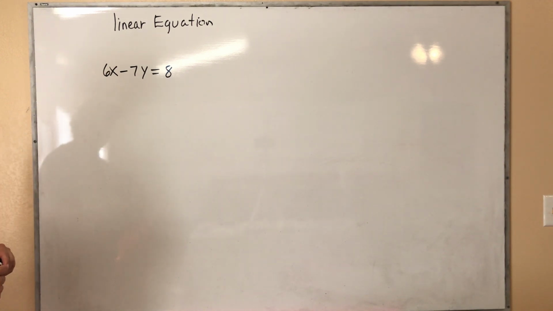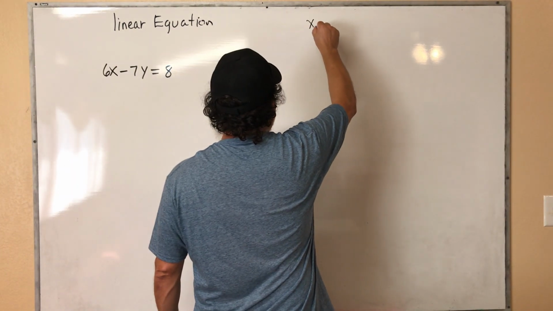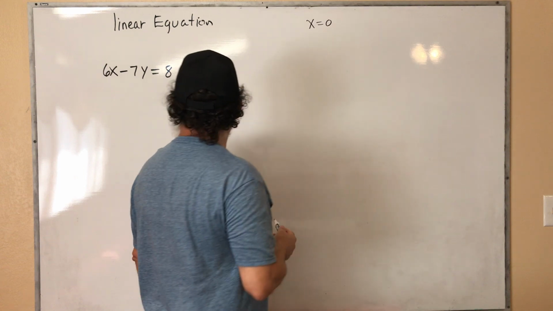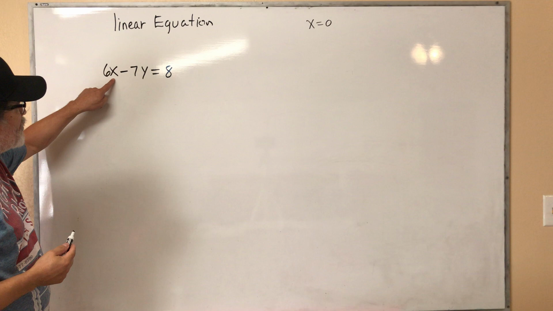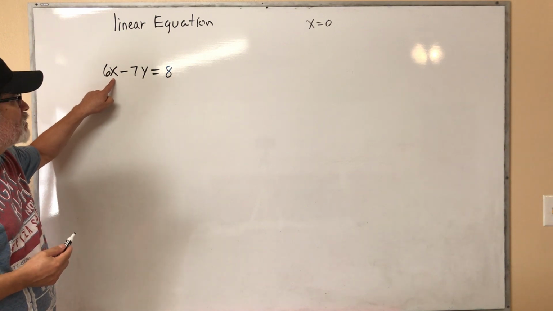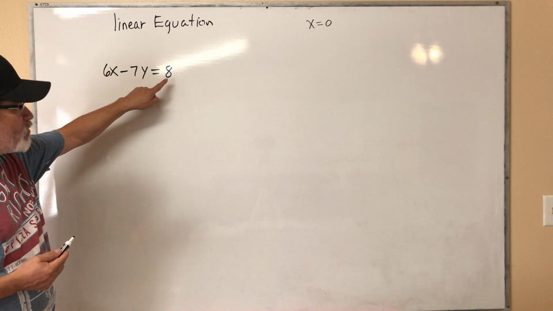For example, if x equals 0, plug in 0 there. What is 6 times 0? 0. If x equals 0, then we have negative 7y equals 8.